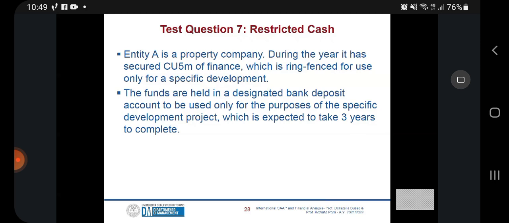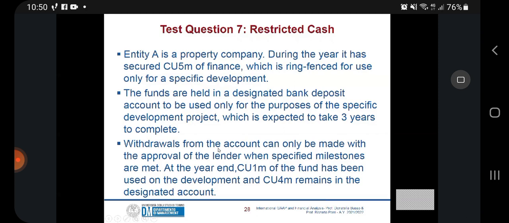The funds are held in a specific designated bank deposit and can be used only for the purposes specified in the loan contract, which is expected to take 3 years to complete. Withdrawals from this account can only be made with the approval of the lender when specified milestones are met.